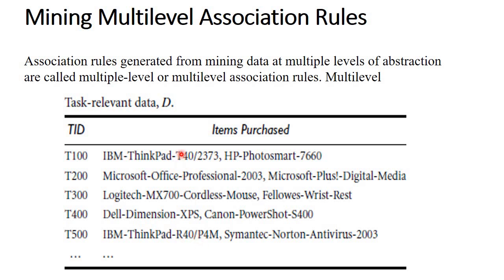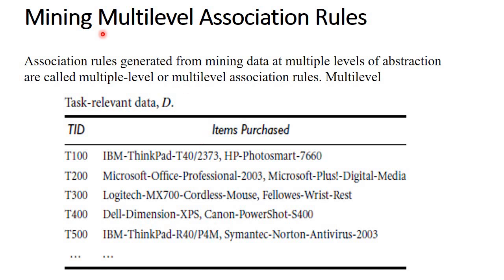So these items are present at a very specific level of abstraction. If I say just IBM ThinkPad, then it is at a high level of abstraction. If I say IBM ThinkPad T40/2373 or R40/P4M, it is at a very specific level of abstraction because the specification of the items is increasing.